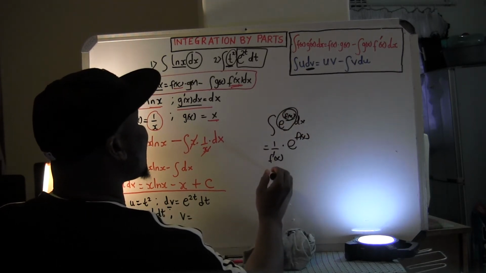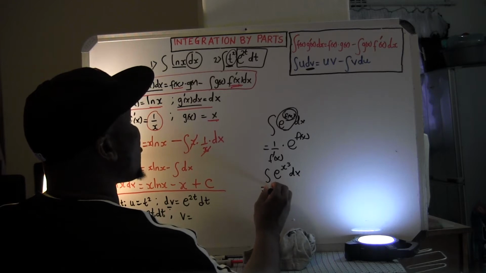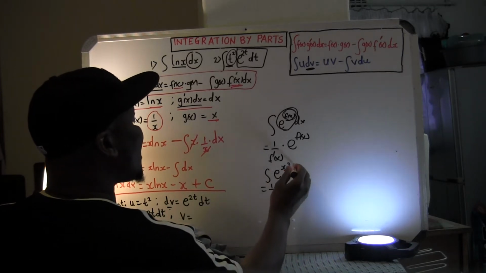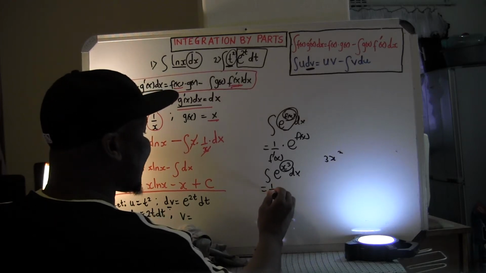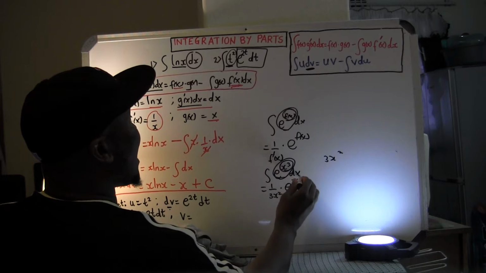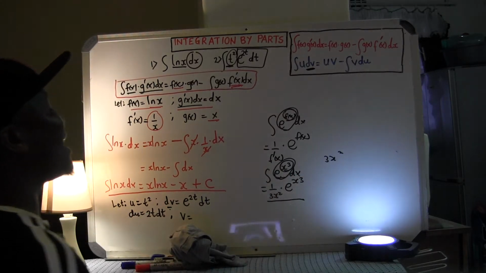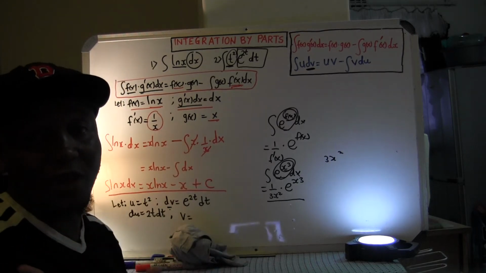For example, if somebody says integral of e to x cubed dx, I say 1 over 3x squared, and then write exactly what you have, e to x cubed. That's how you integrate an exponential function.